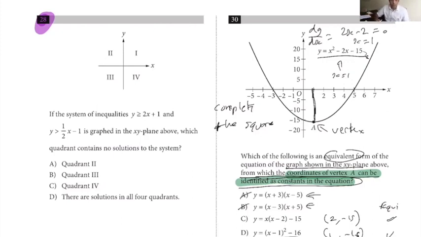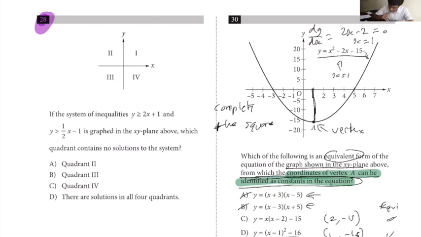Can somebody who wants to read this question with me? Oh, Varuni. Okay. So basically, they've given us a graph with the 4 quadrants.